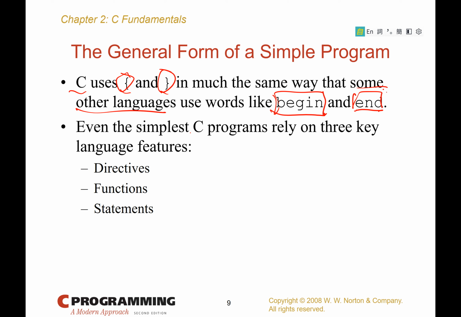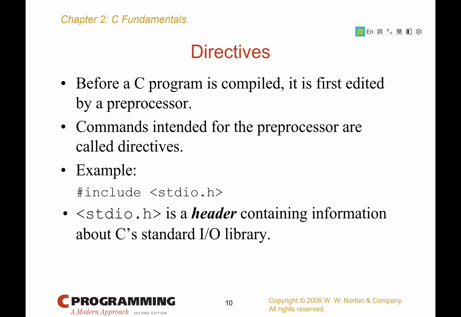So a C program relies on three key language features: directives, functions, and statements. Directive: before a C program is compiled, it is first edited by a preprocessor.